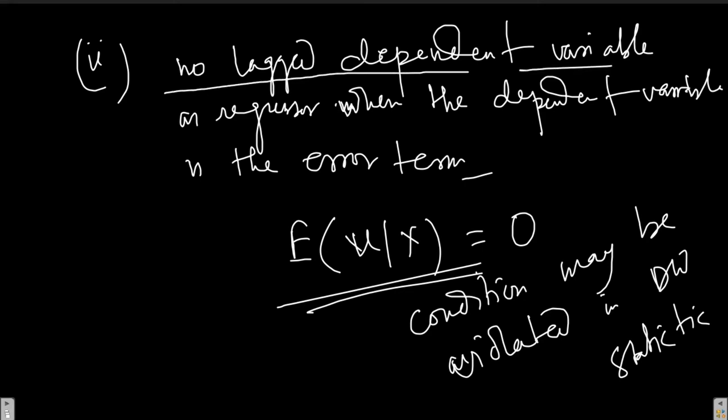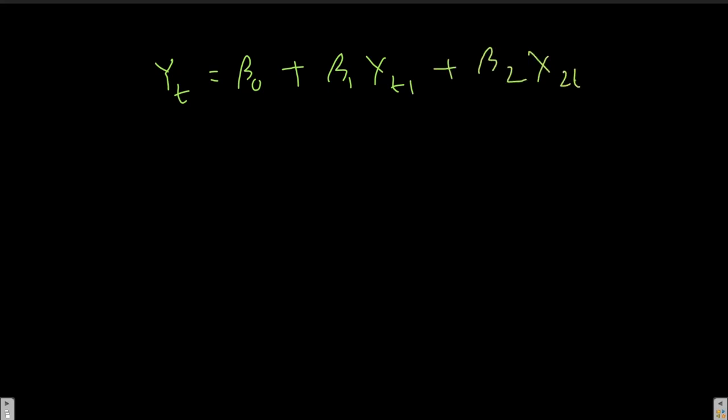Now let me explain what I'm trying to say here. Let's say the original regression equation is yt is equal to beta 0 plus beta 1 xt1 plus beta 2 xt2 plus ut.